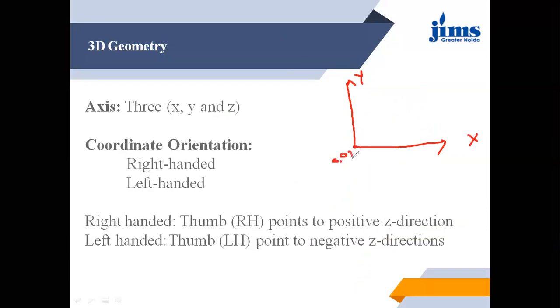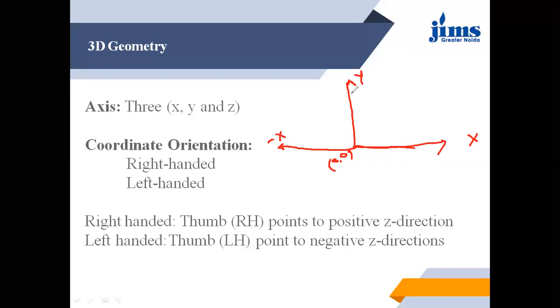We discussed that on the right hand side of the origin the value of x is positive, and on the left side of the origin the value of x is negative, meaning this is minus x.